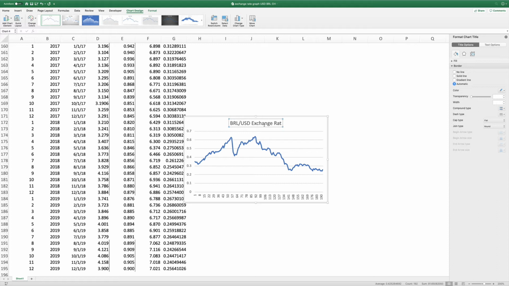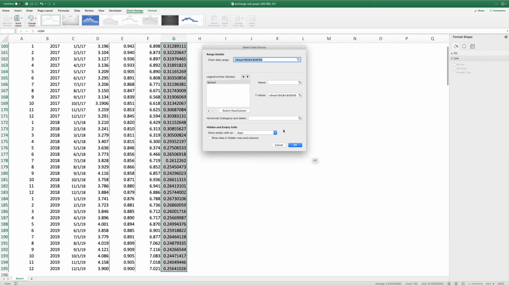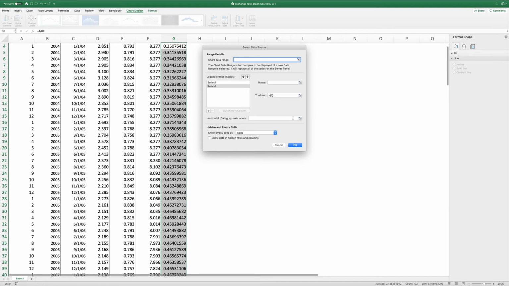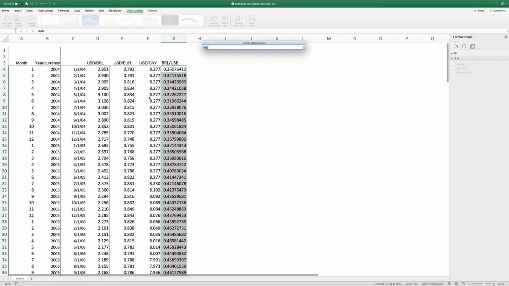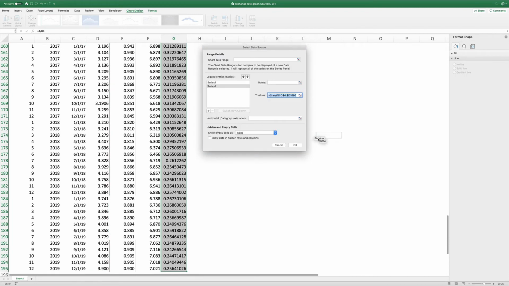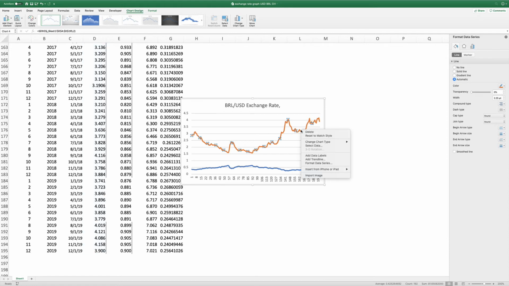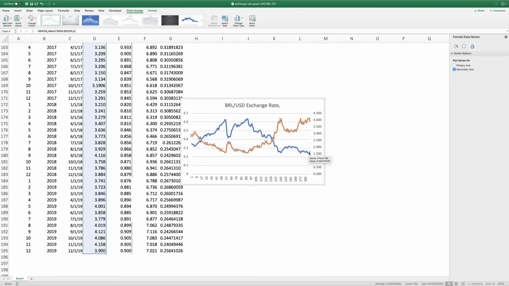I'm going to add another series to this just to show you what it looks like. I'm going to add the US dollar to Brazilian real. So I'm going to select data here and add another series. I'm going to add US dollar to Brazil. Okay, there it is, and I'm just going to put this on a secondary axis so we can see both.